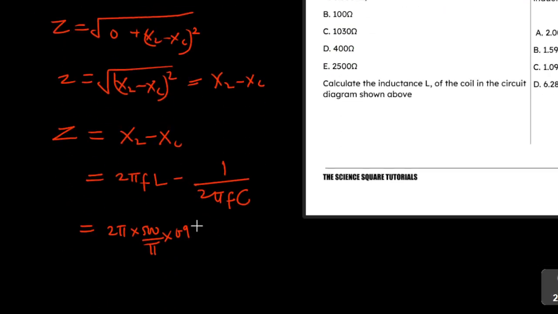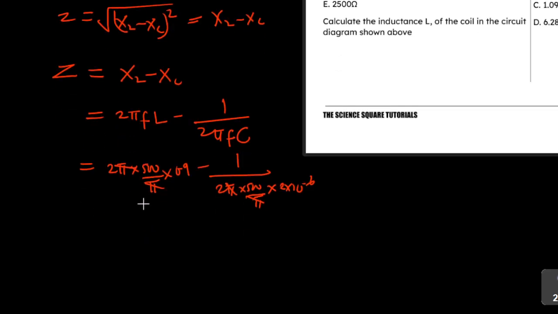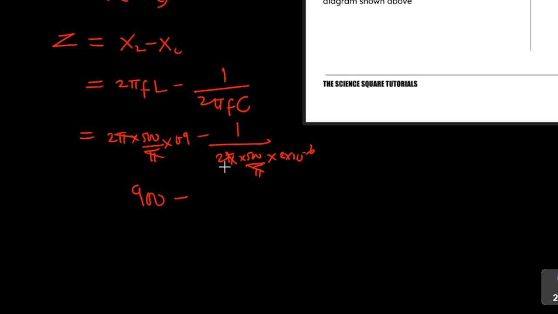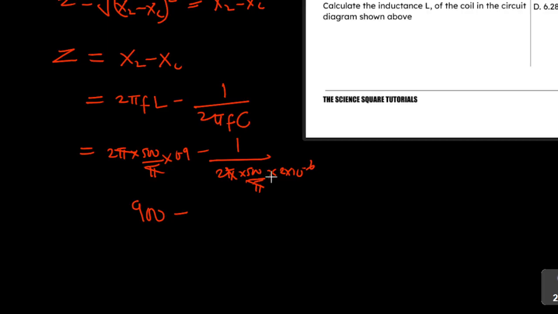Then minus 1 over 2 pi multiplied by 500 over pi multiplied by the capacitance, which has been given to be 2 times 10 raised to power minus 6. So pi eliminates pi. If you multiply this, 2 times 500 is 1000. 1000 multiplied by 0.9, you are going to get 900. Then 2 times 2 times 10 raised to power minus 6 will give you 10 raised to power minus 3.